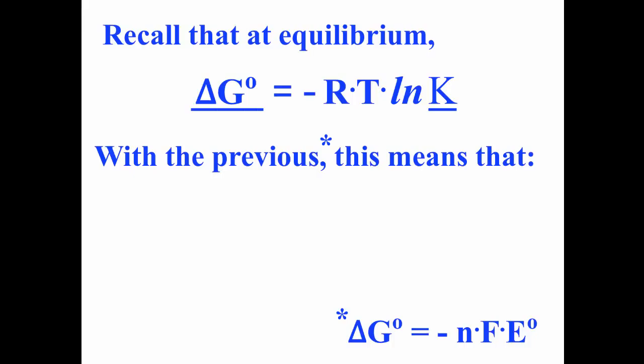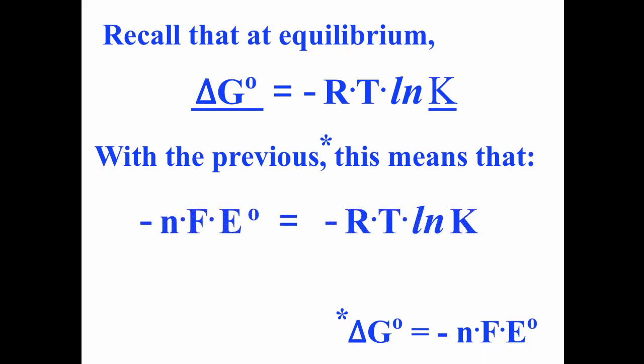So we have two things that delta G is equal to, one in terms of the equilibrium constant, K, and one in terms of the reaction electrical potential, E0. And so what that means is we can equate the two. Negative NF E0 equals negative RT natural log of K.